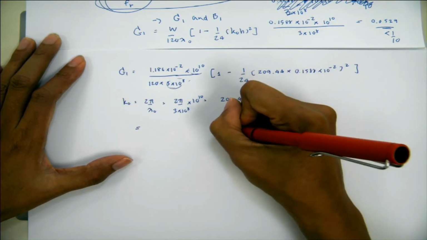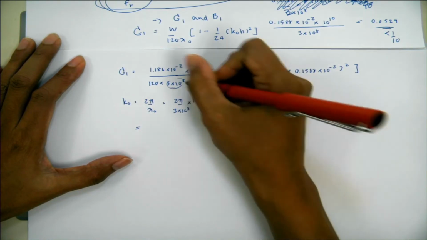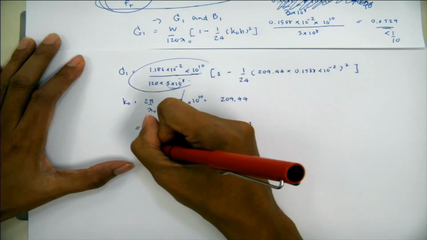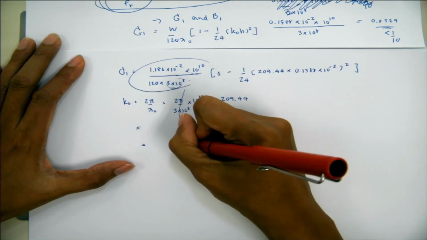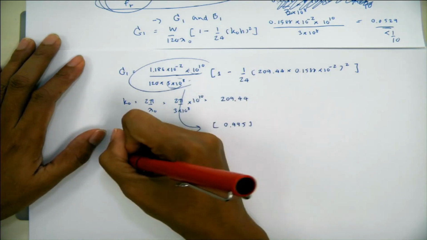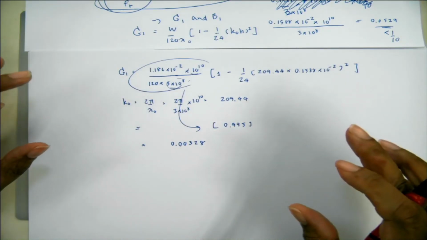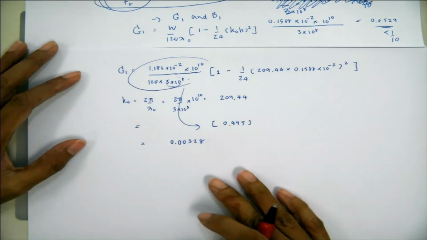Okay, and this term you'll get something around 0.995, multiplied by the whole thing here, and then you have 0.00328.